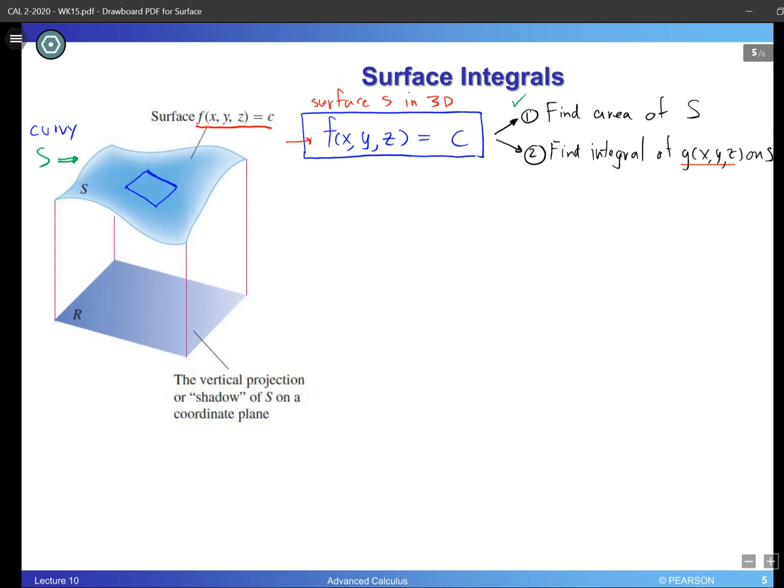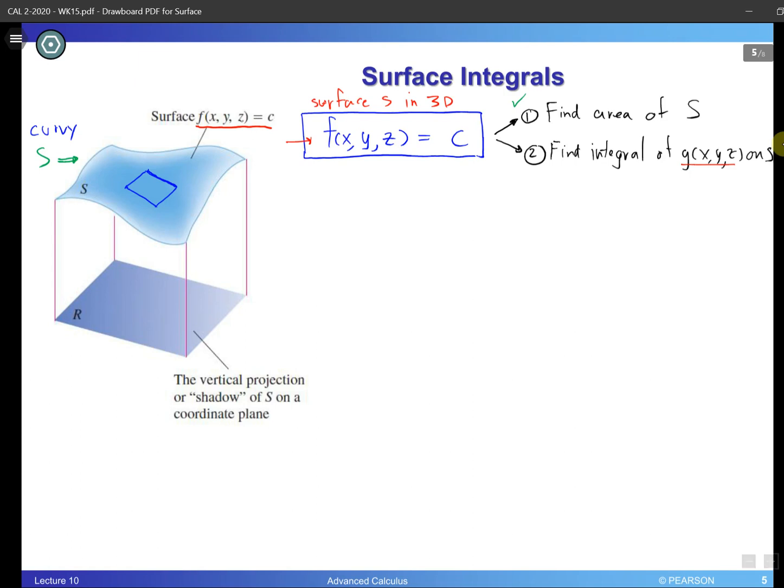Okay, now, I realize that the surface S is curvy, which means that the edges of this piece that I cut is going to be curvy too. But let's assume that this piece is so small that all the edges are considered to be straight, which means that this piece is going to become a parallelogram.